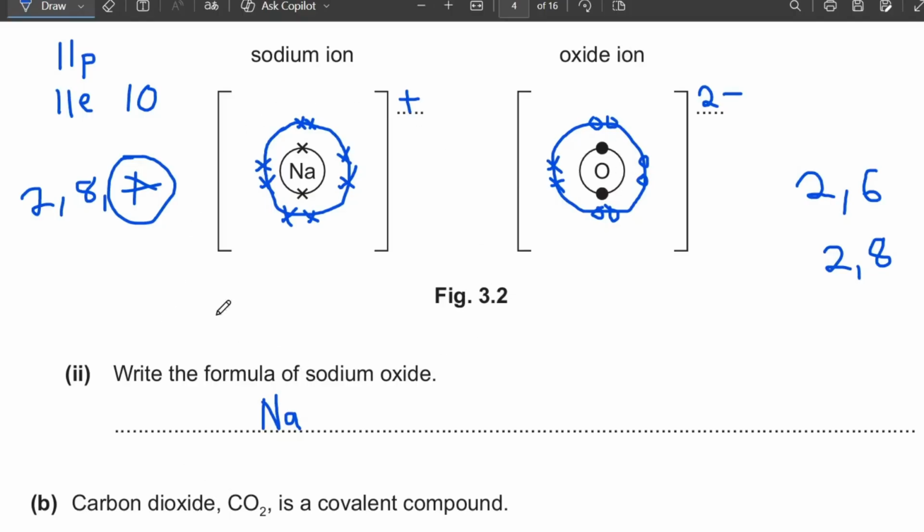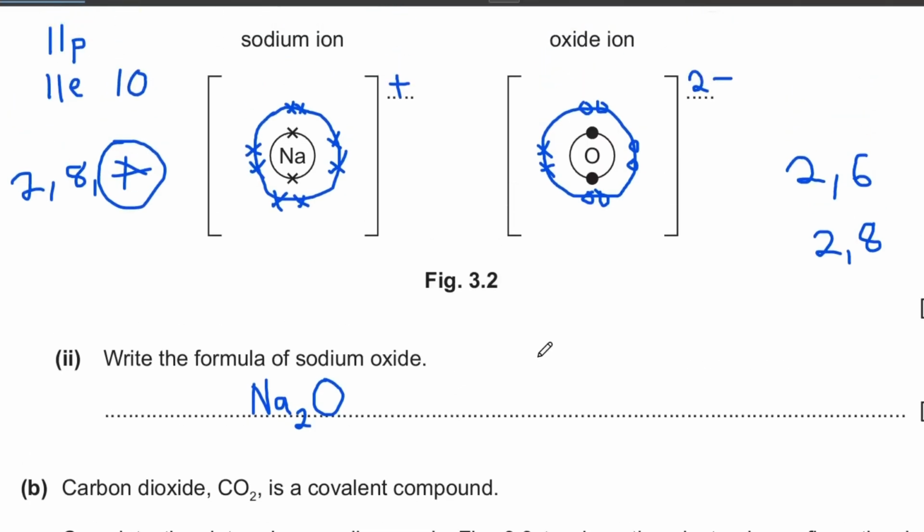So the formula for sodium oxide will now be Na2, representing the two sodium atoms donating 1 electron each to the oxygen. And then we have our 1 oxygen, which received the 2 electrons, 1 from each sodium. So the formula for sodium oxide is Na2O, not NaO. Please take note of that.